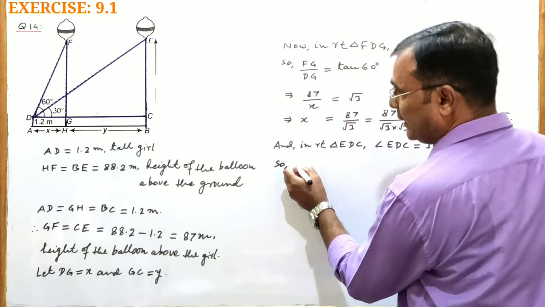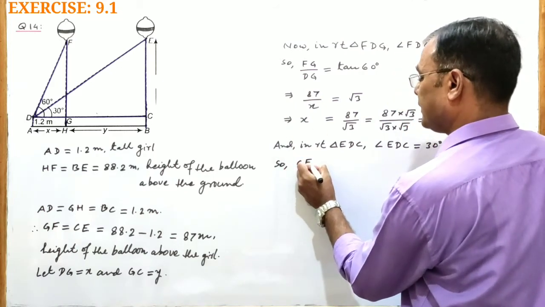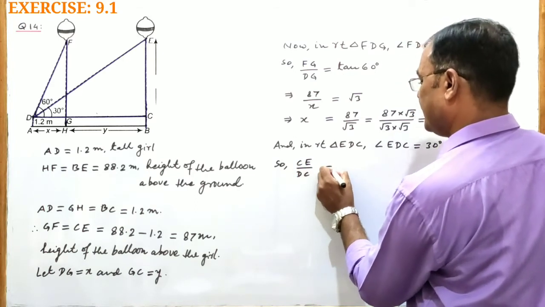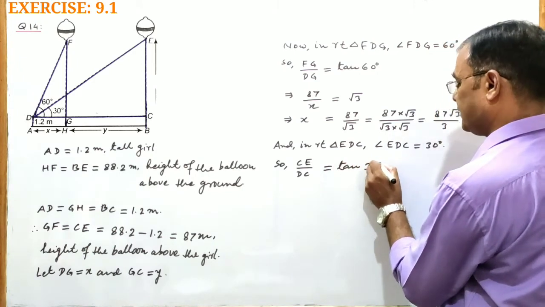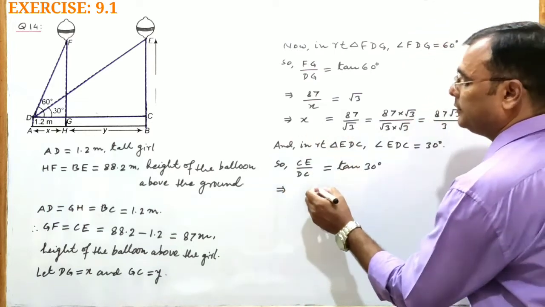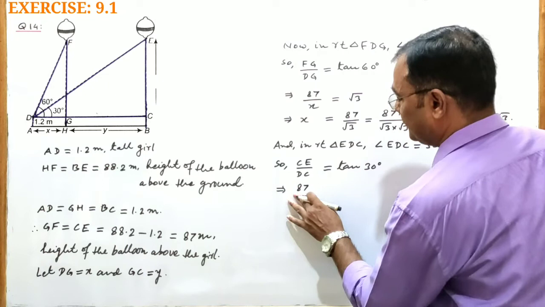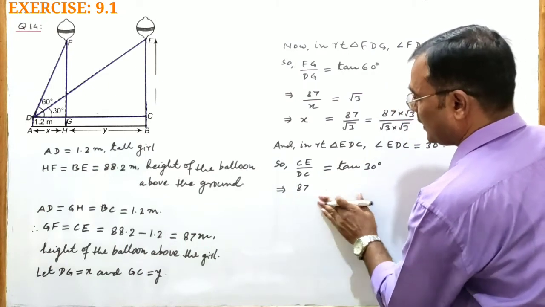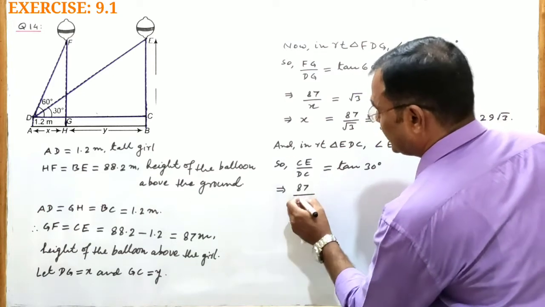So we can write CE by DC equal to tan 30 degrees. CE is the height of the balloon above the girl that we have already found, 87 meter, divided by DC. DC we can write as DG plus GC.